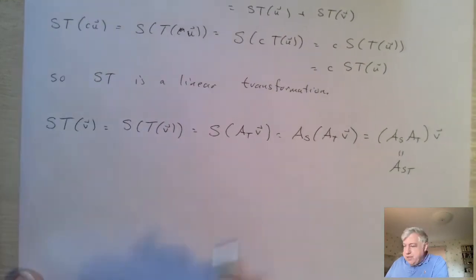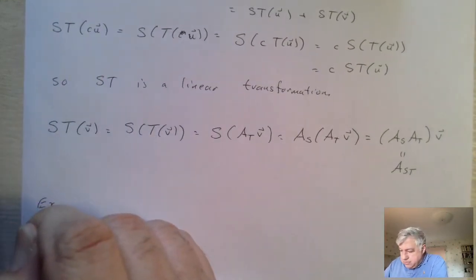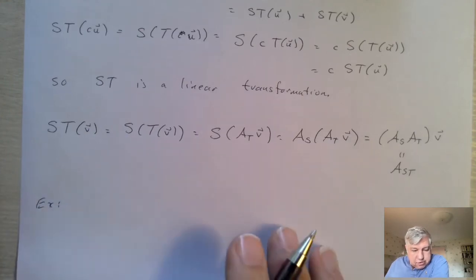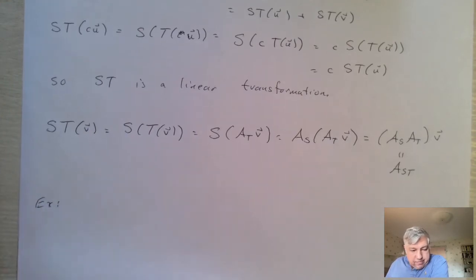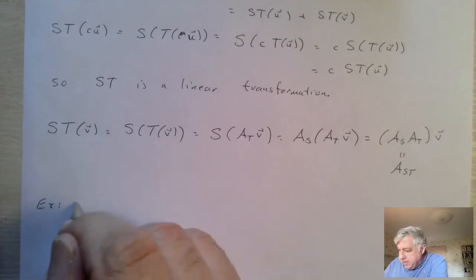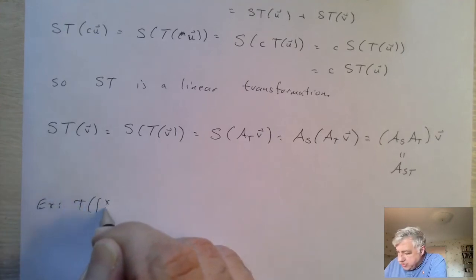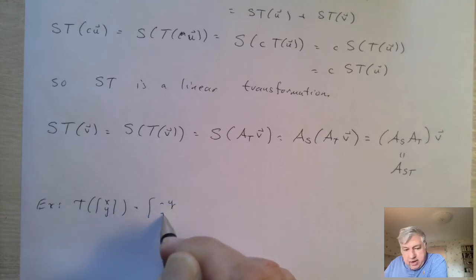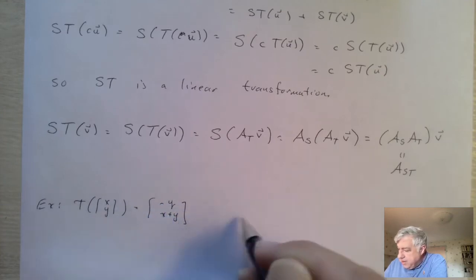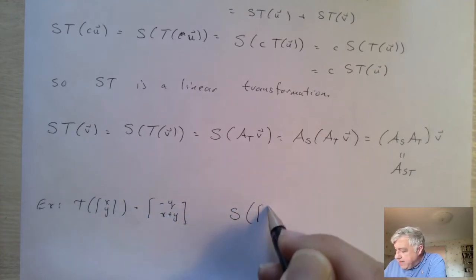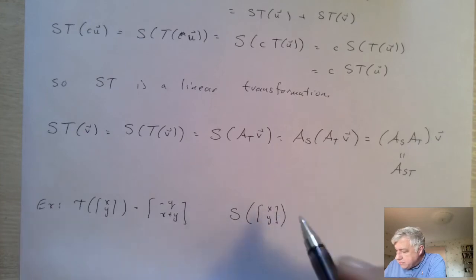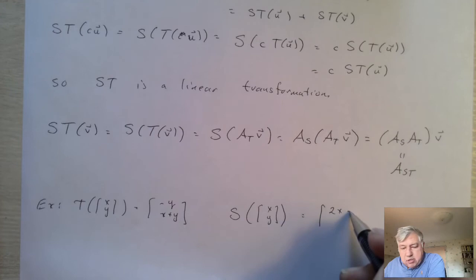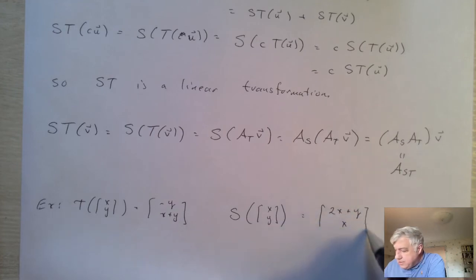To give a specific example of this, let's say T of x, y was defined to be minus y, x plus y, and S of x, y was equal to 2x plus y, x.